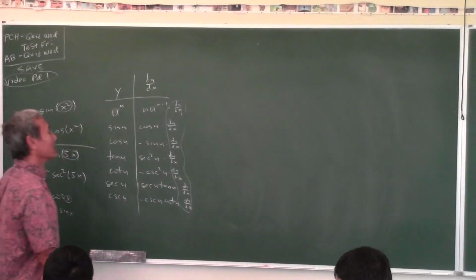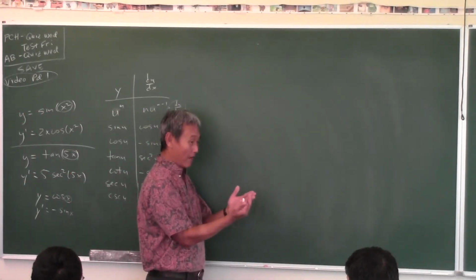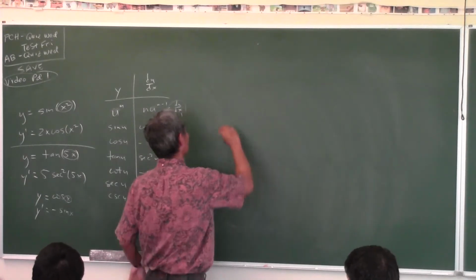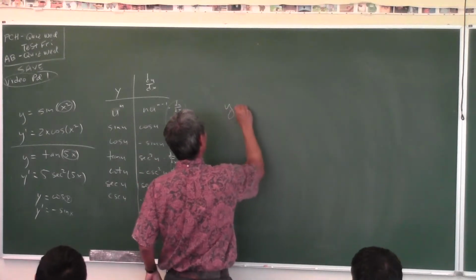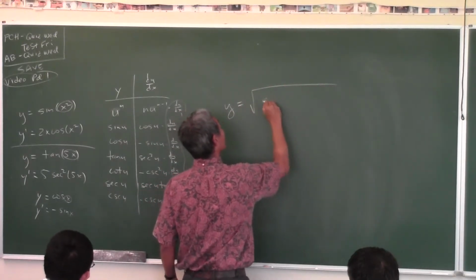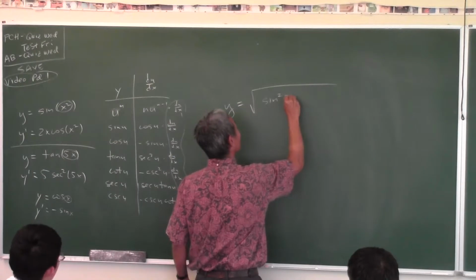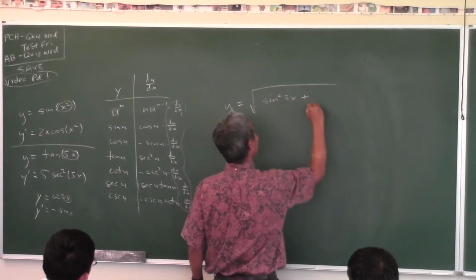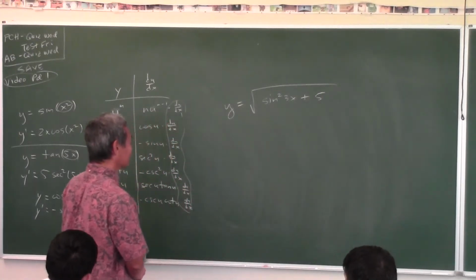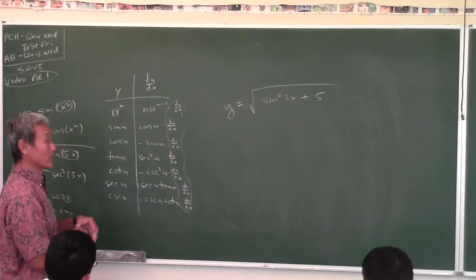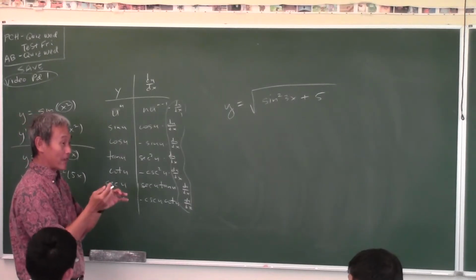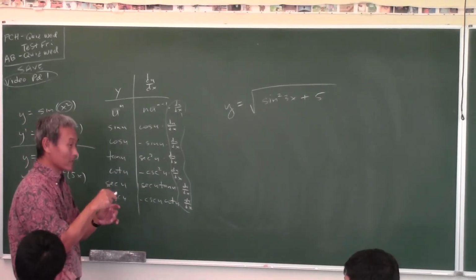Okay, now, let's do a tough problem where you have box within box within box. So something like this. y equals the square root of sine squared 3x plus, give me a number. 5. Okay, so this problem will show that you understand the chain rule, that you could have box within box within box.